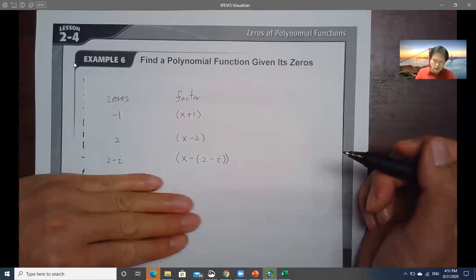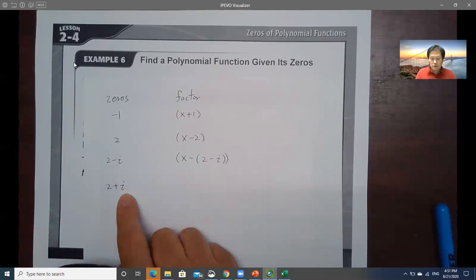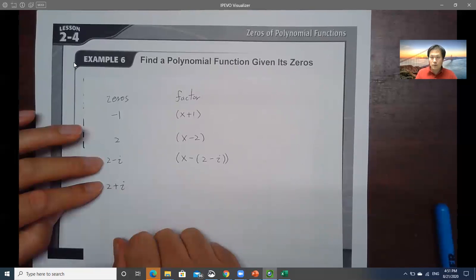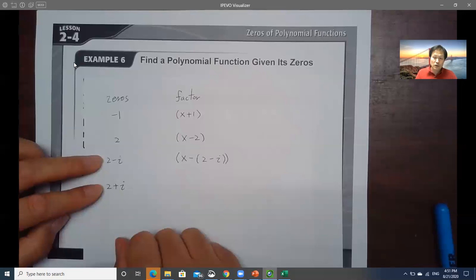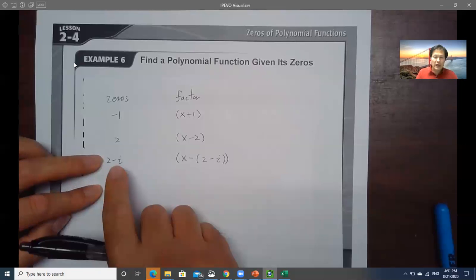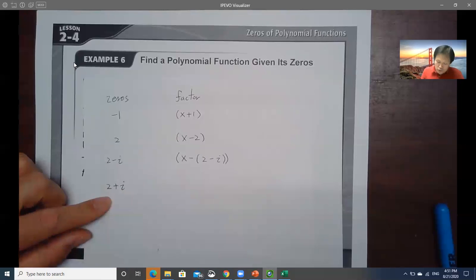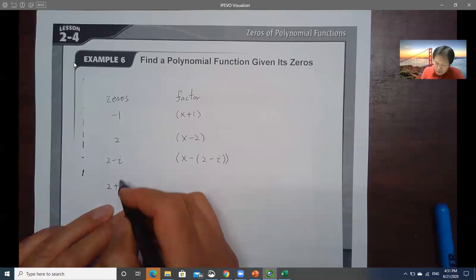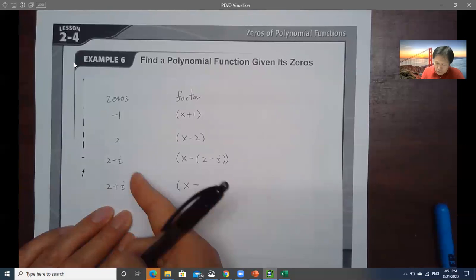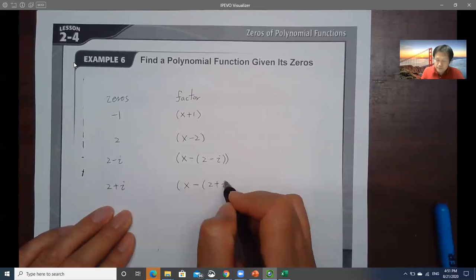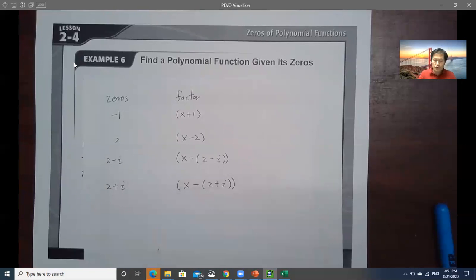They always go together as a couple. If one is a zero, the other has to be too. So you should have another factor of x minus (2 plus i). So we got 4 factors.